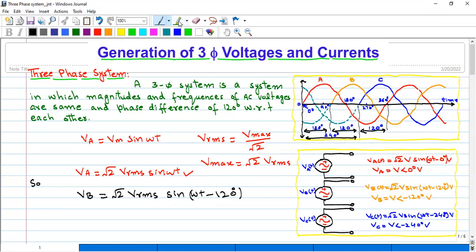And similarly, the third phase voltage VC is equal to under root 2 times Vrms sine omega t minus 120 degree. Sorry, minus 240 degree. Again, the phase difference between phase B and phase C is 120 degree, as you can see here in these two equations.